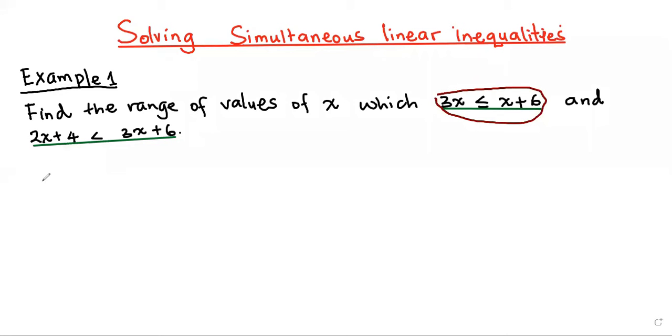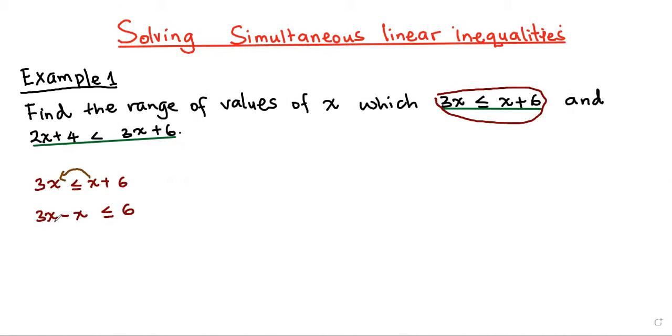So we are having 3x is less than or equal to x plus 6. So we say that we have 3x. Now we will bring this x to come this side. So it will be minus x, less than or equal to 6.